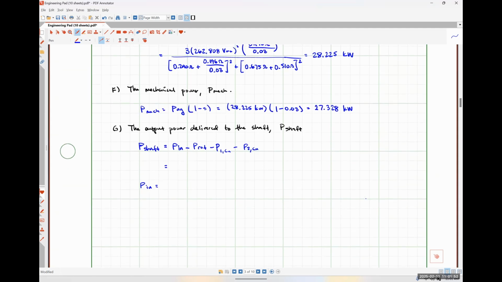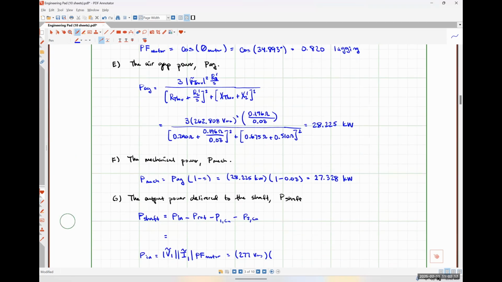So I would say that the easiest way for us to calculate our input power would be the magnitude of our voltage V1, which is given to us in the problem statement, essentially, the magnitude of our current I1 that we determined in a previous step, times the power factor at which our motor is operating.